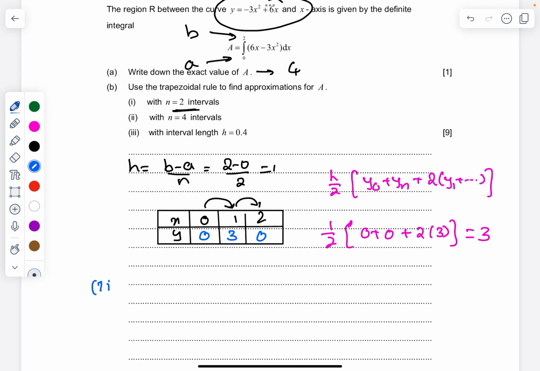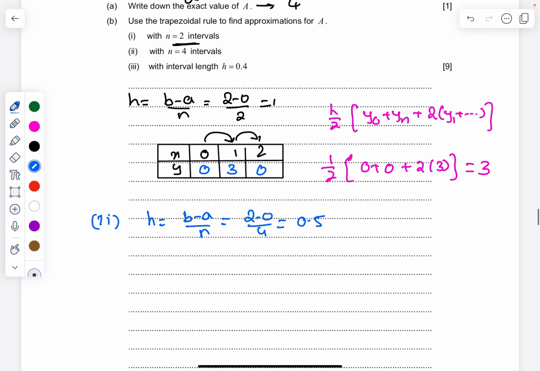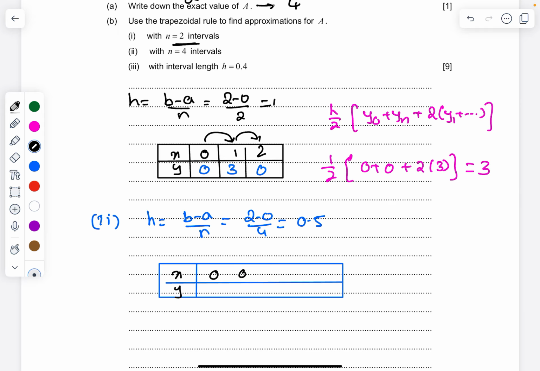Now for part 2, n equals 4. So h equals b minus a upon n, which is 2 minus 0 upon 4, which is 0.5. So what am I going to do? Again, I'm going to frame a table with x and y values. The x value is starting from 0, 0.5, 1, 1.5, and 2.